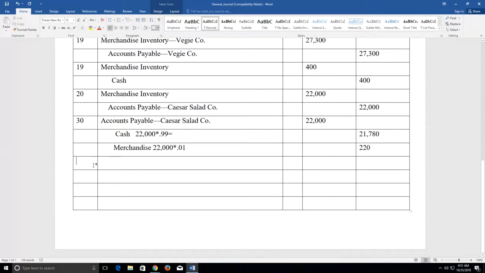Okay, on the 31st, we paid UK imports. So how much did we owe UK imports? So we're going to do accounts payable. We had on the books that we owed them $14,448. They didn't offer us a discount, so it's just straight payment.